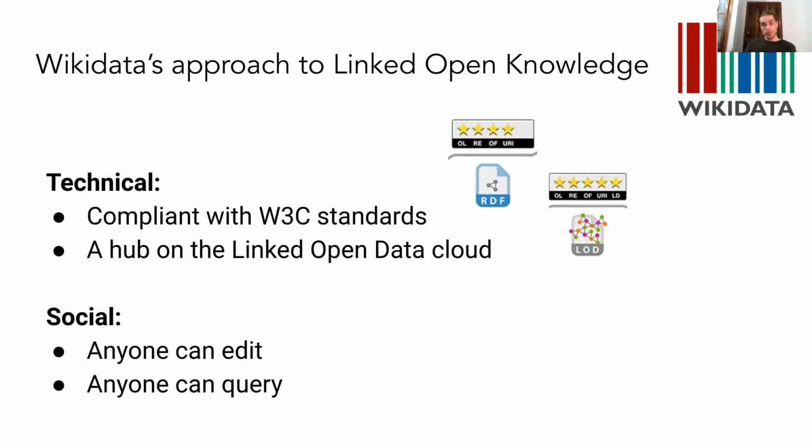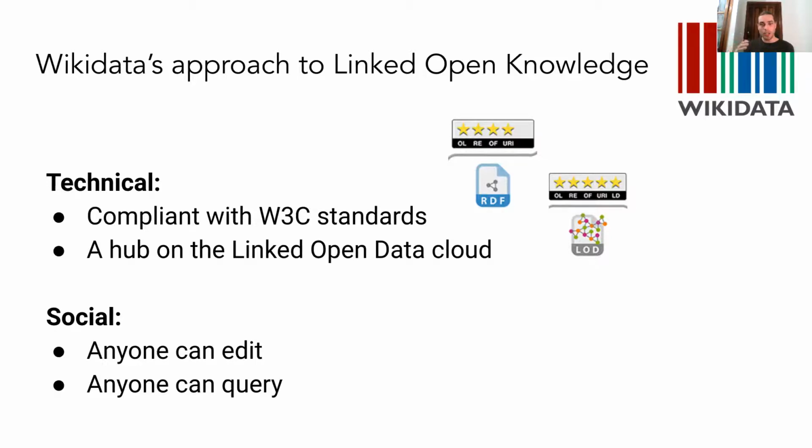One approach for five-star linked open knowledge is brought by Wikidata, which is a database from the Wikimedia Foundation that has very close links with Wikipedia and other projects like that. And technically, Wikidata is compliant with W3C standards, so it uses URIs and URLs for concepts, which means that each concept on Wikidata has a unique link that people can click and go and see what that means.